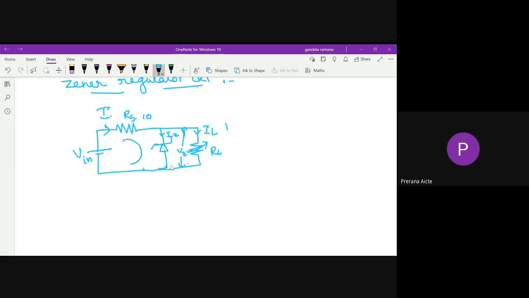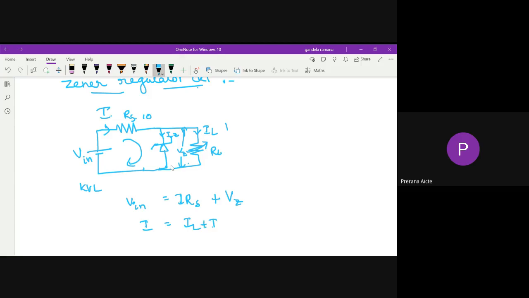When we apply Kirchhoff's voltage law, Vin is equal to I into Rs plus Vz. This is Vz. What is the current? The current is equal to IL plus IZ.